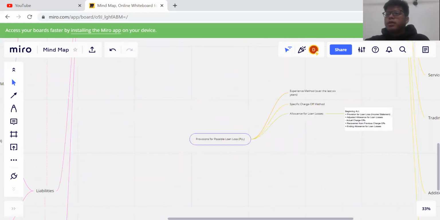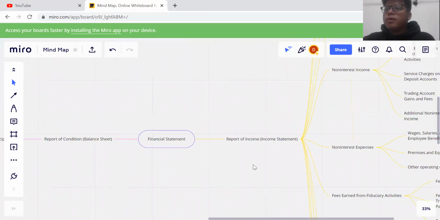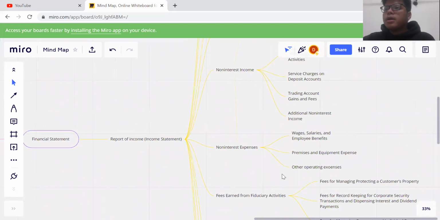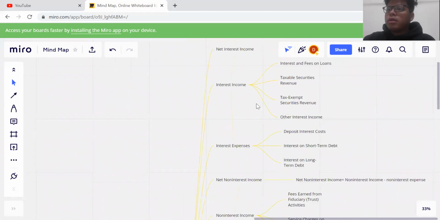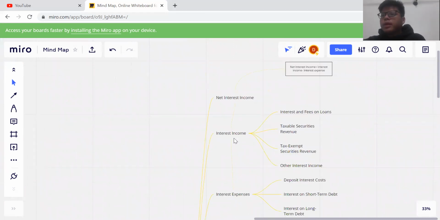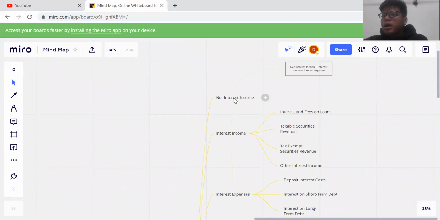Now move to the second report, the report of income, the income statement. In the income statement, we have the net interest income and expenses. The equation is: net interest income equal interest income minus interest expense.